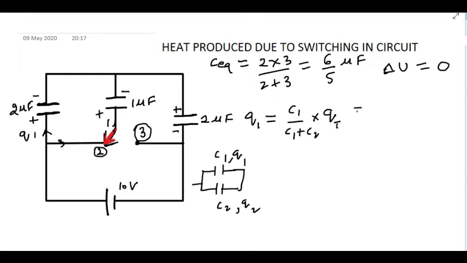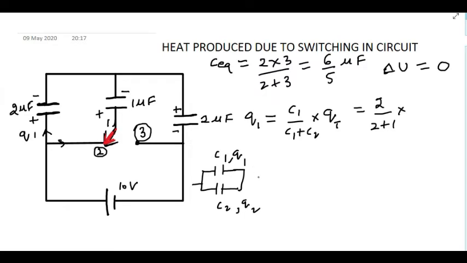So here C1 is 2 microfarad and C1 plus C2 is 2 plus 1, which becomes 3, into the total charge flowing through the circuit. What is the total charge flowing through the circuit? You can find it easily. We have total capacitance 6 upon 5 and we know the potential.